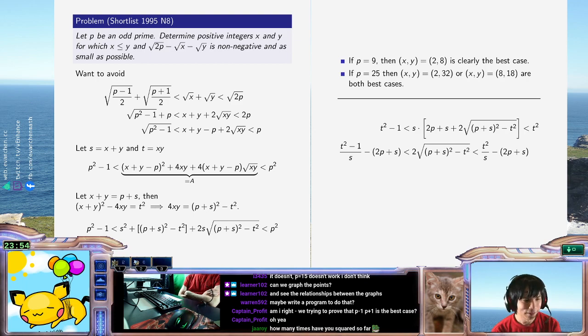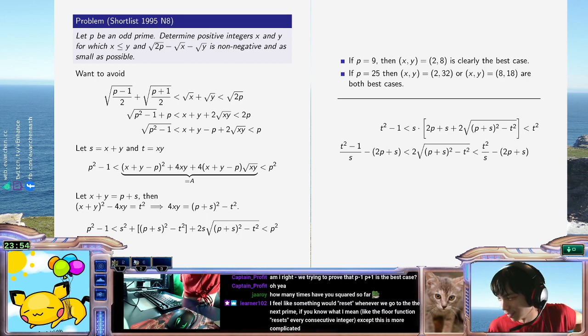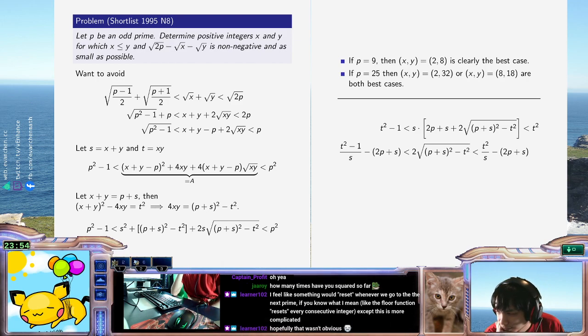How many times have you squared so far? We squared twice. You need, yeah, 3 times would eliminate all the squares.